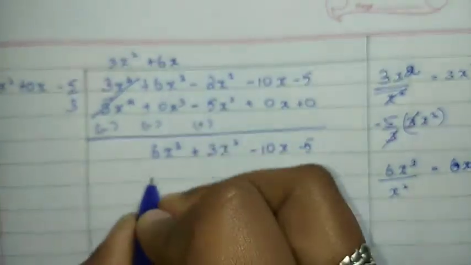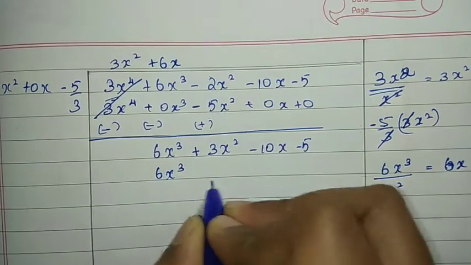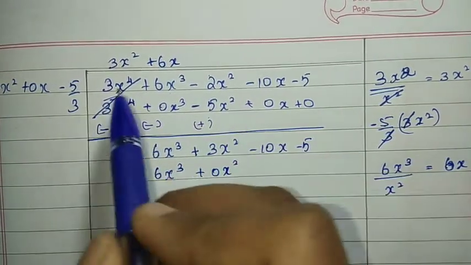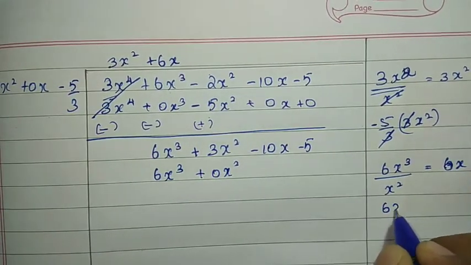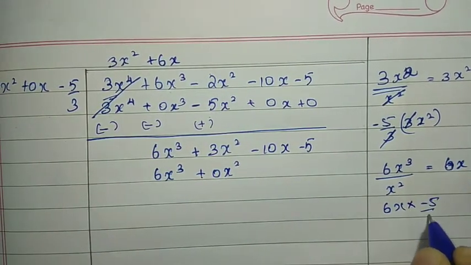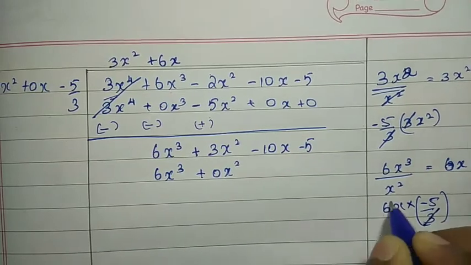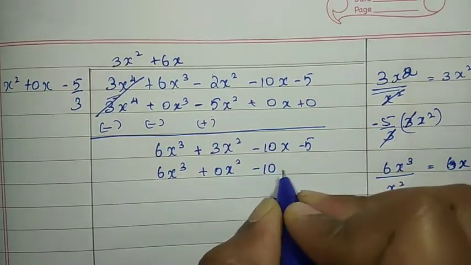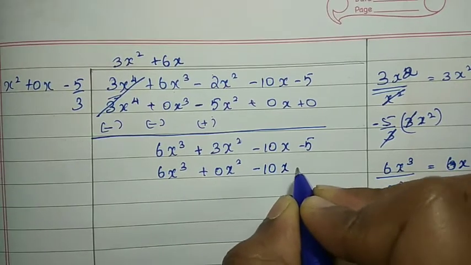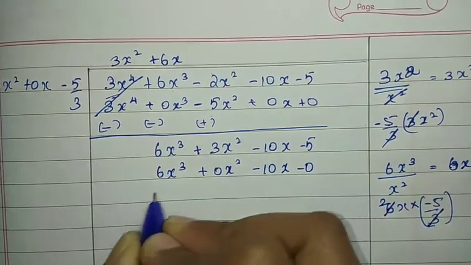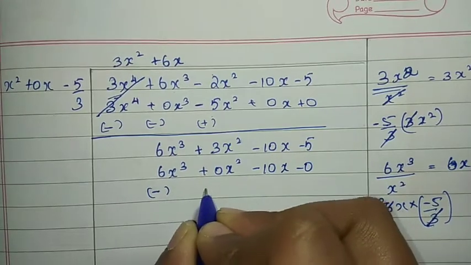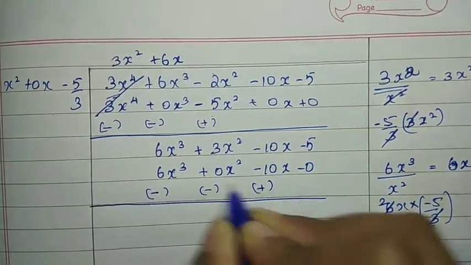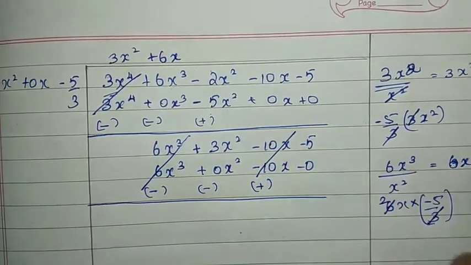So here I will have 6x³ plus 0x², and here it is 6x into minus 5/3, isn't it? So this and this will get cancelled too. So minus 10x, and here as it is 0, I will cancel this term as well as this term.